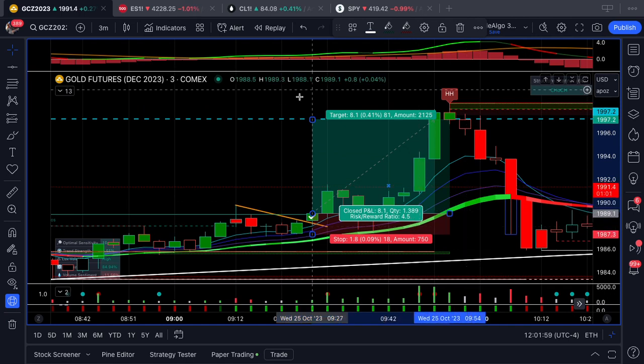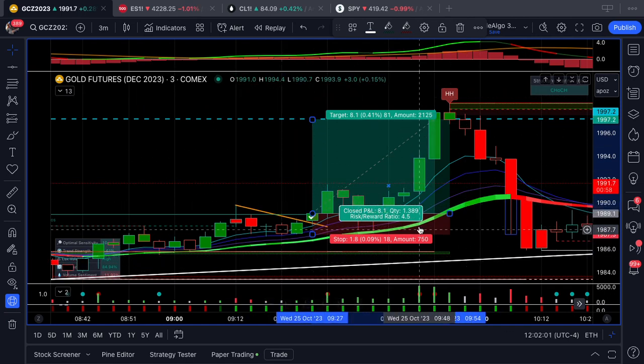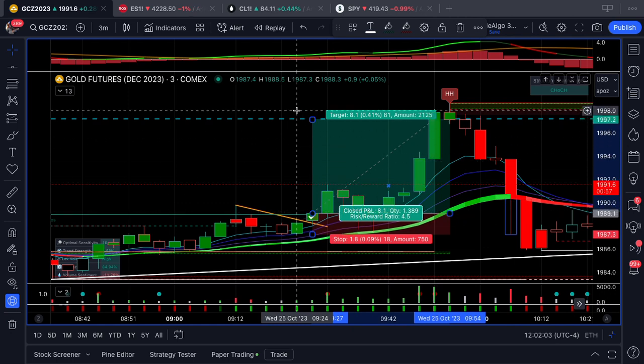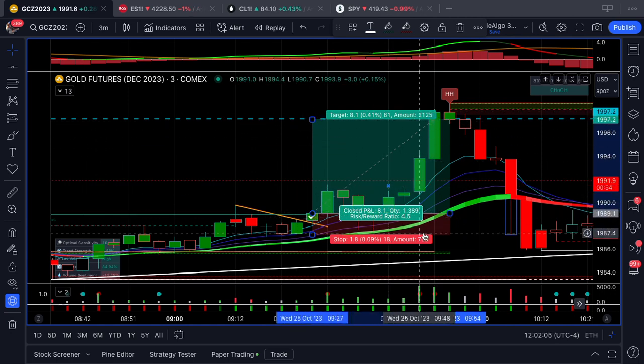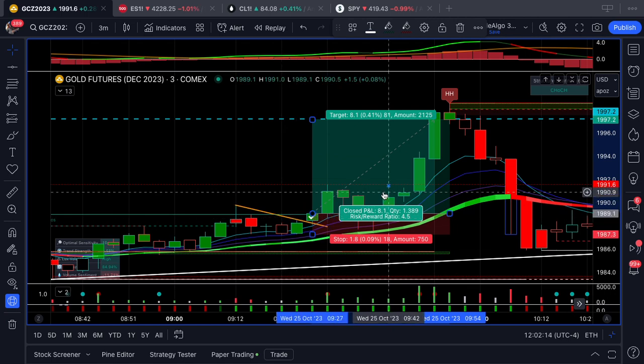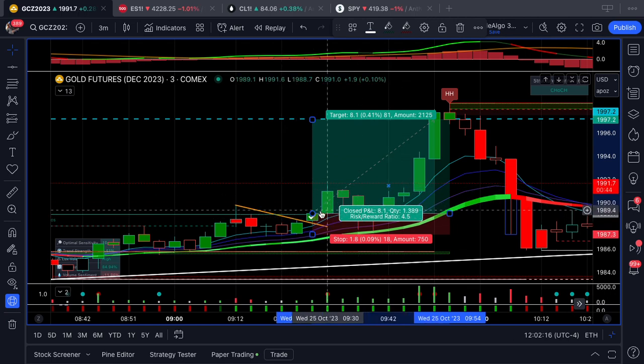And guys, this is how the scenario plays out. Absolutely phenomenal. 4.5 to 1 risk reward ratio. You can't ask for much more than this. This is a gift from the market gods. Okay? All you had to do was be there, be willing and ready to enter the market, place your stop, and allow the trade to run towards your target.